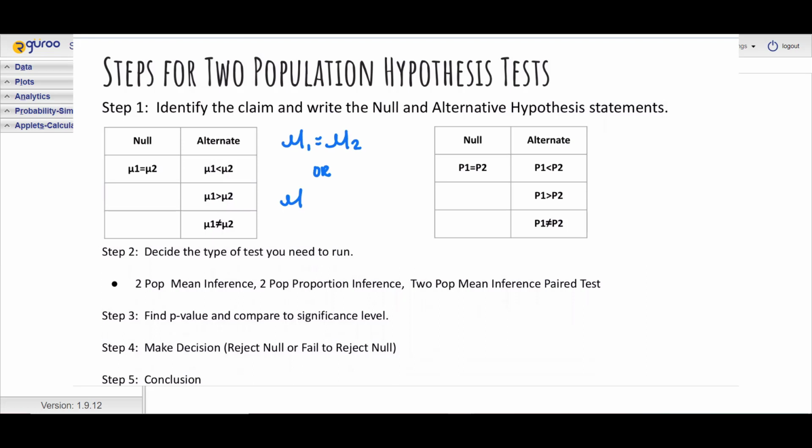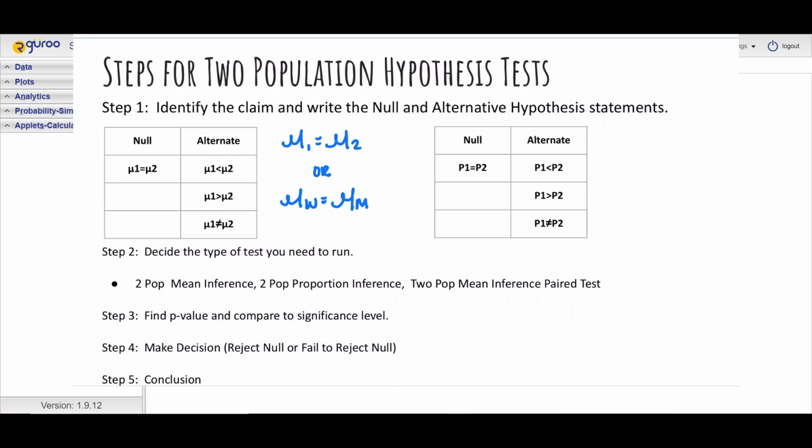You could write it like this: the mean of women is equal to the mean of men. So what I'm saying here is, rather than using numbers to represent the populations, sometimes we can use letters to represent our population. It helps us to identify which population is which.